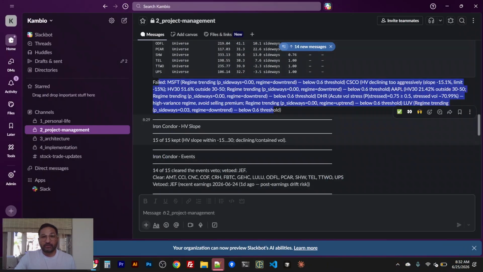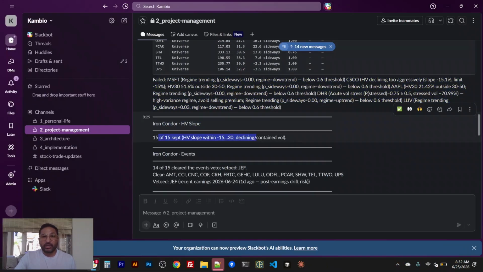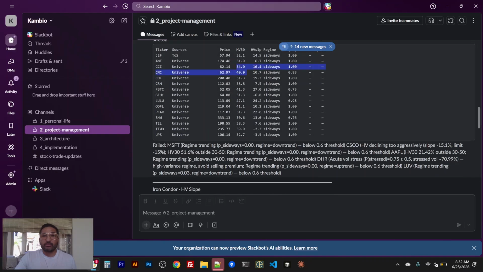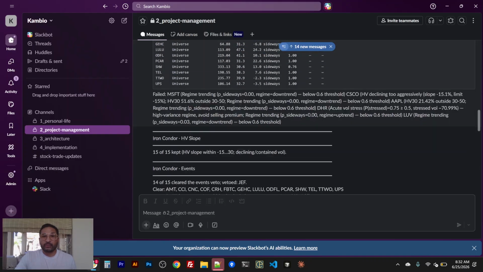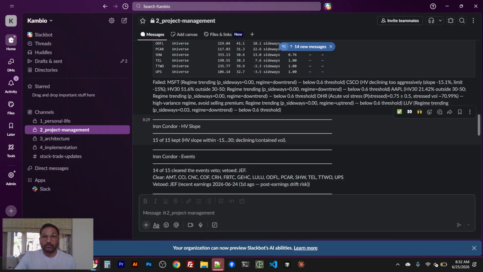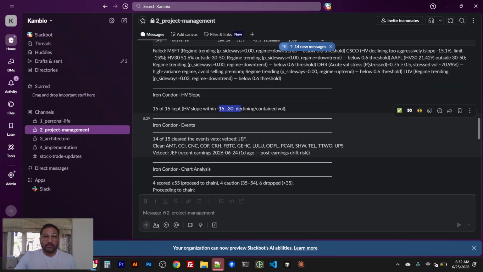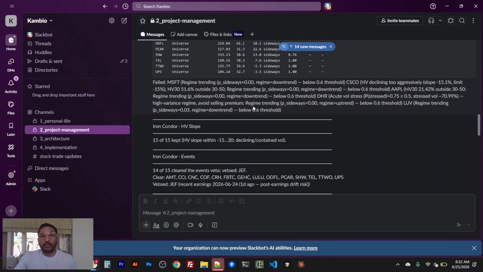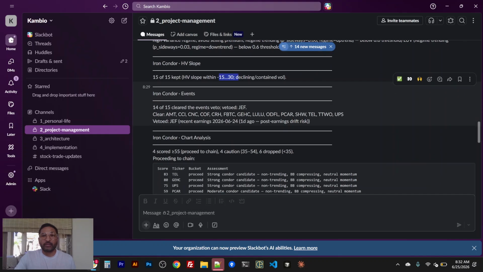And then there are some that failed the slope check. That's basically checking this same thing. So this guy right here, is it between 15 and 30? They're not actually. Oh yeah, 30, so it's absolute, I guess. I'm going to have to confirm that.